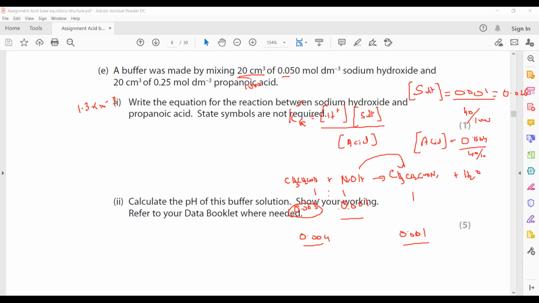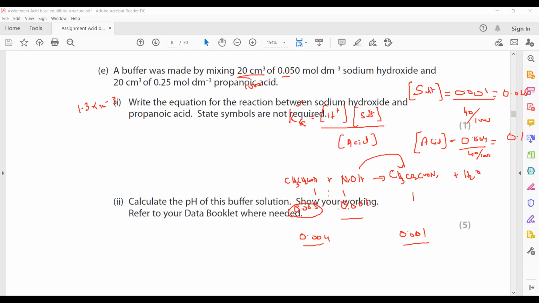Why am I taking 40? Because the total volume of the solution is 40. What's the answer? 0.004 divided by 40 divided by 1000 is 0.1. So that's 0.1.